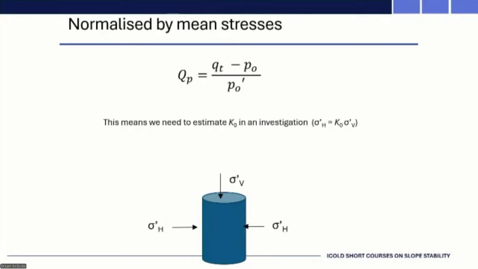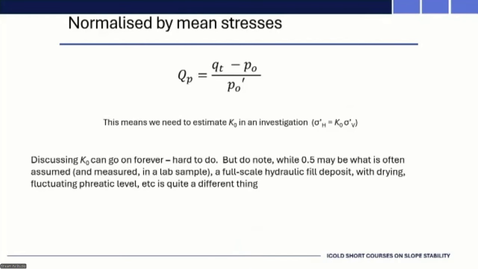So that's what it would look like if we were able to use mean total stress and mean effective stress. But then we have to estimate K0. Now, we put the slide together before seeing the work that SVA was talking about earlier.